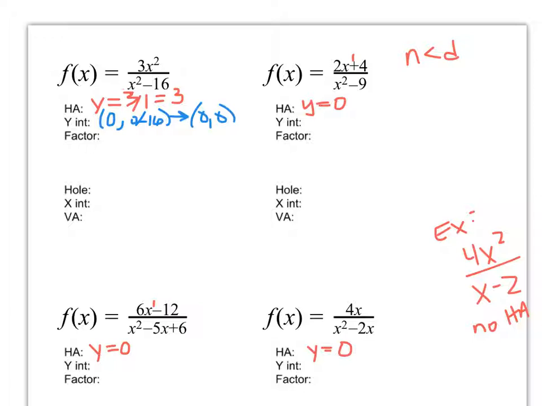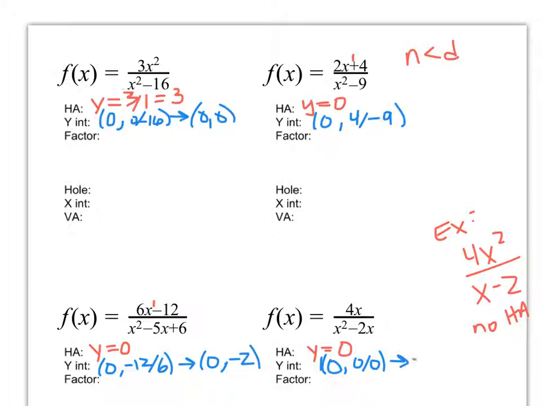If I plug in 0 to the next one, I get 4 over negative 9. 0 to the next one, I get negative 12 over 6, so that reduces to 0, negative 2. And then we end up with something weird. When I plug in 0, I get 0 over 0, which is undefined, so I have no y-intercept on that last problem. Okay. Now on all of these, we're going to go through and factor.